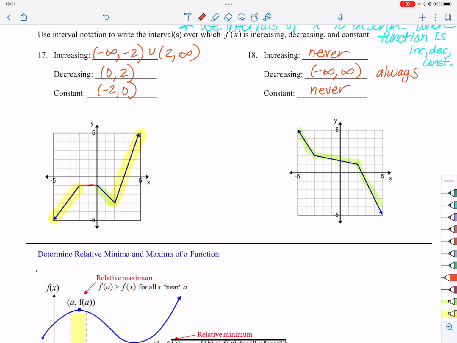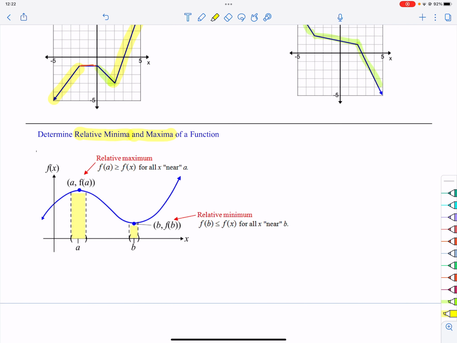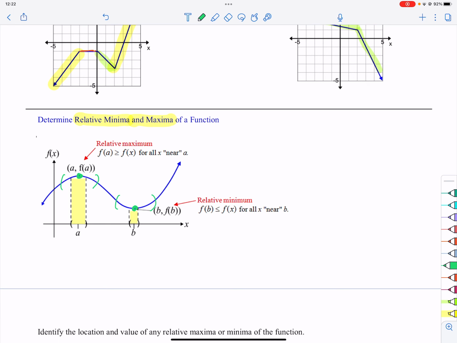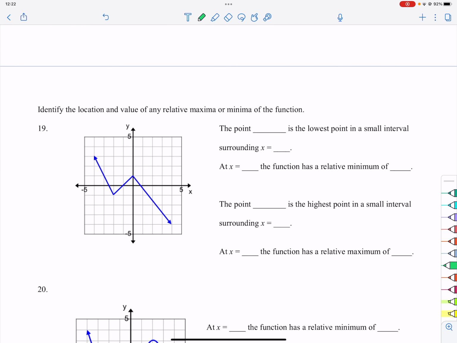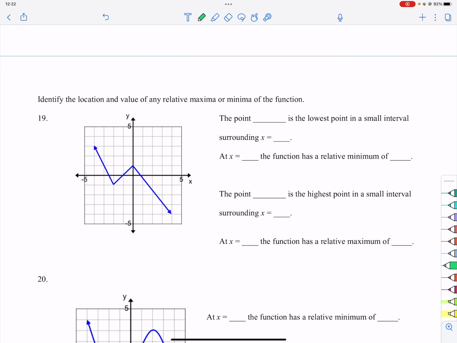Okay, so let's go ahead and talk about relative minima and maxima of a function. So that would mean in this little area, in other words, in this little neighborhood, the highest point is called the relative max. And in this little neighborhood, the lowest point is called a relative min. So let's see if we can identify the relative max or min of these functions in these next few examples. As you can see, we have a minimum here.